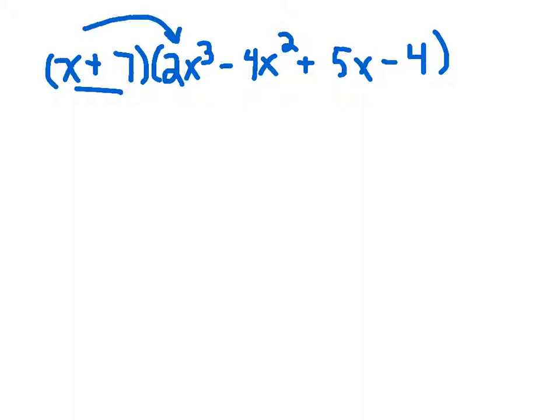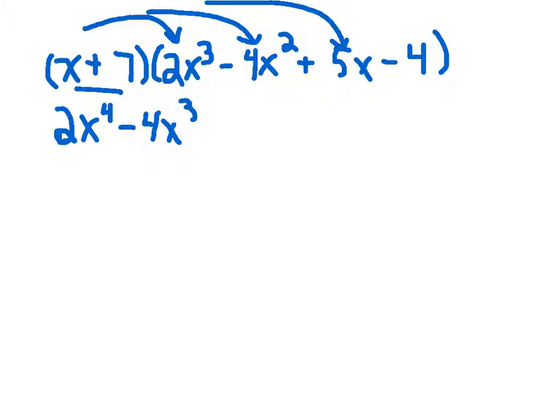X times 2x to the third is 2x to the fourth. X times negative 4x to the second is negative 4x to the third. X times 5x is 5x squared, and x times negative 4 is negative 4x.